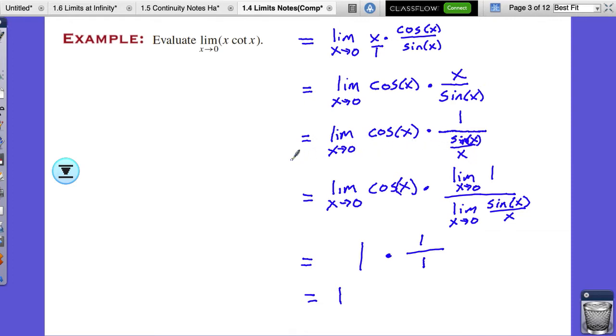And if you're looking at this third step, you could actually probably go straight to 1, because I'm assuming you can probably do this in your head. If you know your trig values, cosine of 0 is 1, limit of 1 is 1, and this part down here is one that I know is also 1. So you can probably go straight to your answer from there. I'm fine with that.